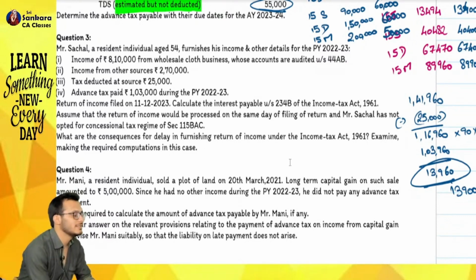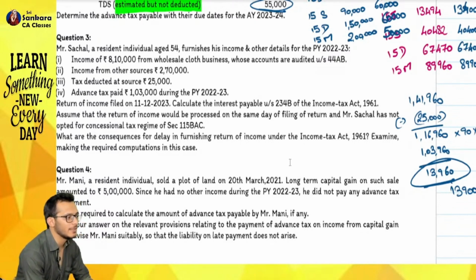No idea? Chapter 6. Any kind of heading C of chapter 6A will not be allowed as a reduction, which means 80JJAA, QQB and RRB is not allowed.